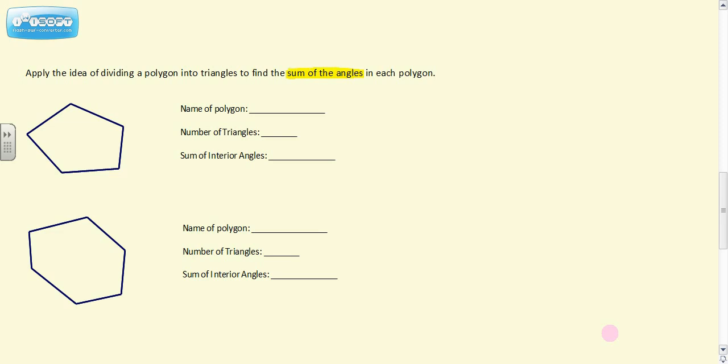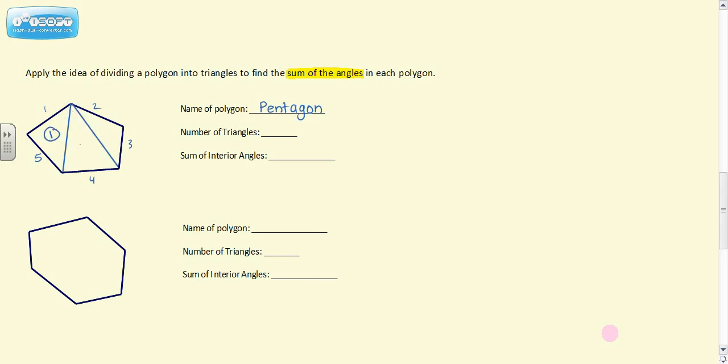In the first polygon, I have 1, 2, 3, 4, 5 sides, and this polygon is called a pentagon. If I use the same process and take one vertex and divide the polygon into triangles, I can make 3.